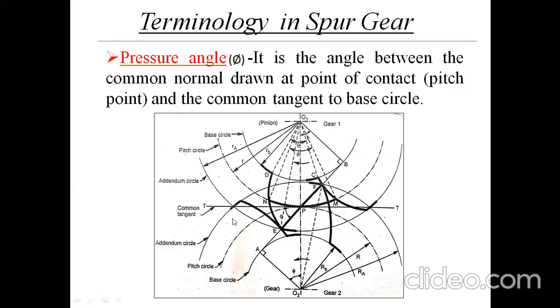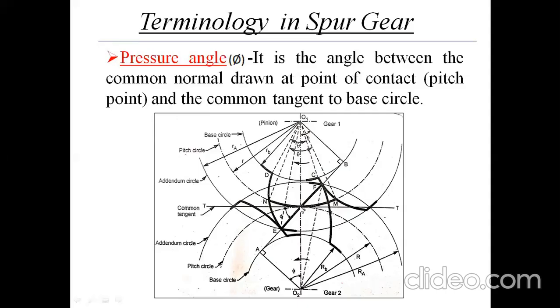So now pressure angle is the line passing through the common tangent point. You can see the tangent point on the pitch circle of both the wheels. This is the pitch circle of the pinion, this is the pitch circle of the gear.